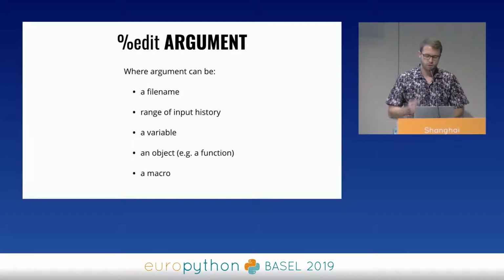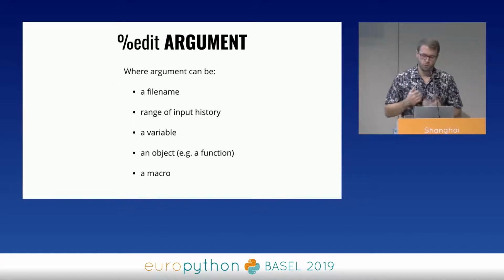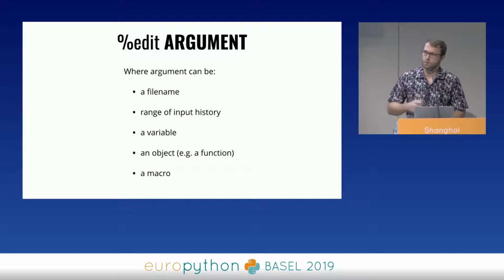If it's an object but not a variable, for example, if it's a function name, IPython will try to figure out in which file you define this function, open that file exactly on the line where the function definition is starting, which is super cool, and you can use it, for example, to monkey patch some functions. And finally, if you recorded a macro, you can pass the name of the macro to the edit command to edit the macro.